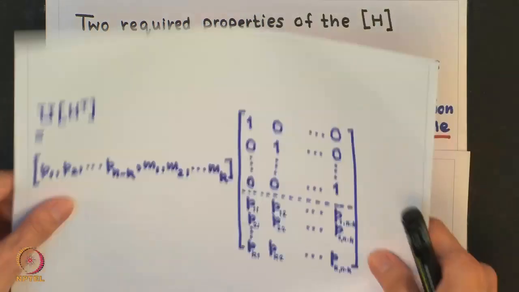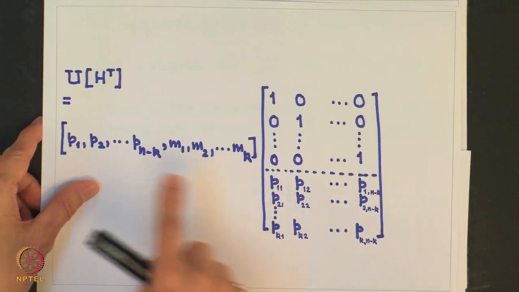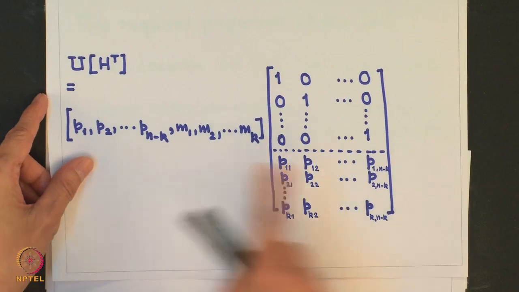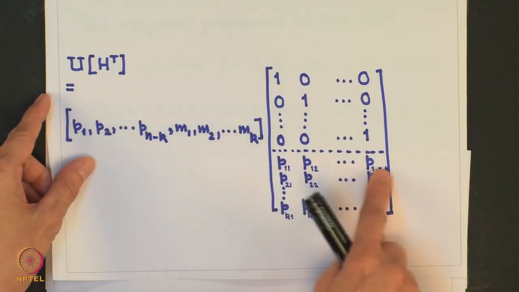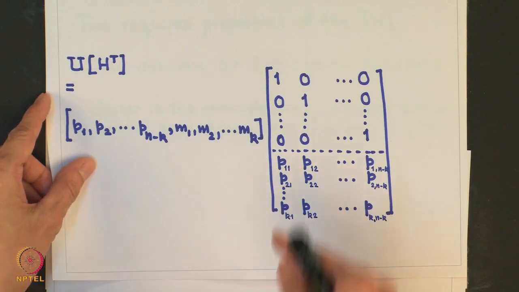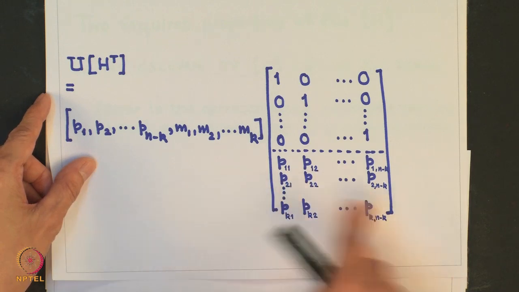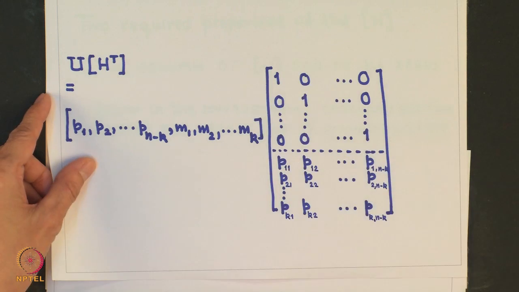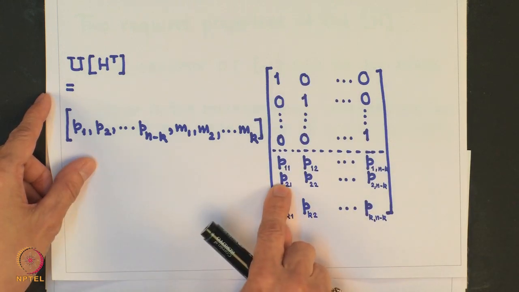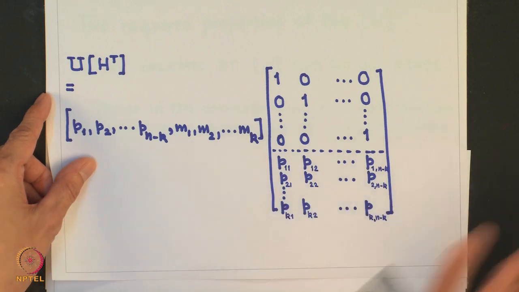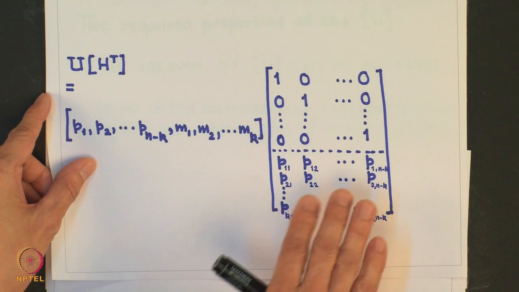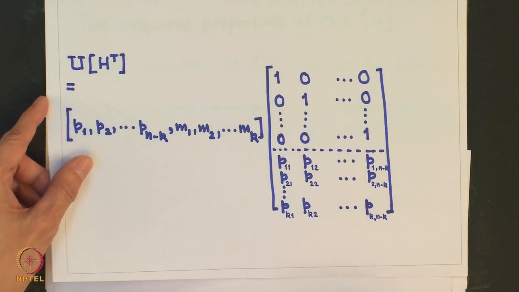Look here, if any column of H is 0, that means the row of H transpose is 0. If there is an error in that position, this row being 0, the syndrome will not get affected, because the error there will go to 0.